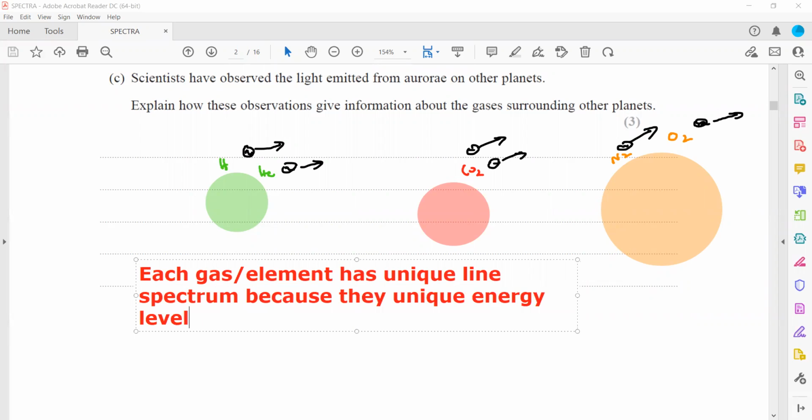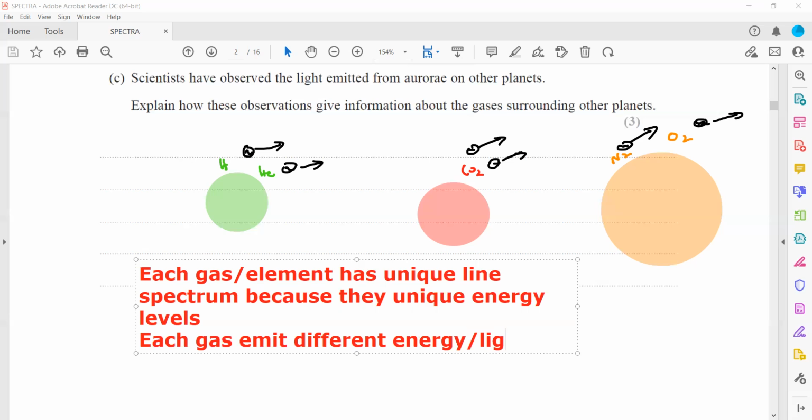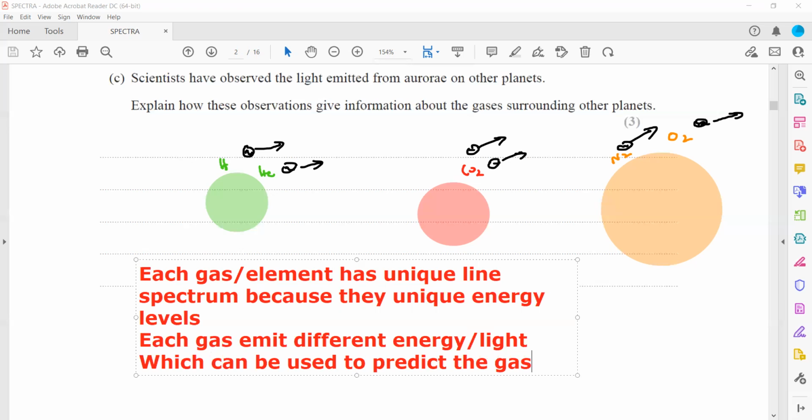Instead of shell, we normally use the term energy levels. Each gas emits different light or different energy, which can be used to predict the gas or gases present in the atmosphere.